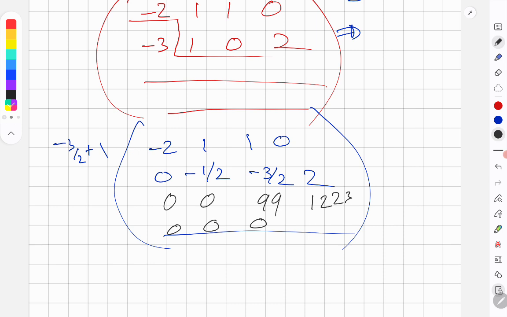It doesn't matter. Now you can see the steps.